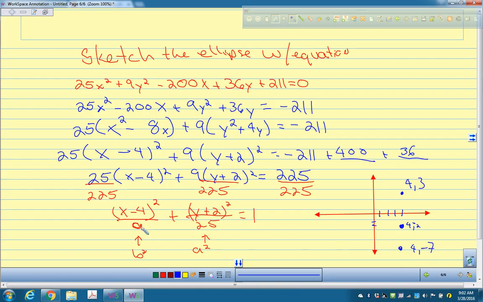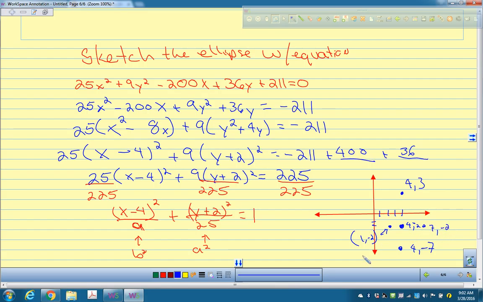And then I'm going to go over 3 from the center for the minor vertices. So that point there is going to be 1, comma, -2. And the other point over here is going to be 7, comma, -2.